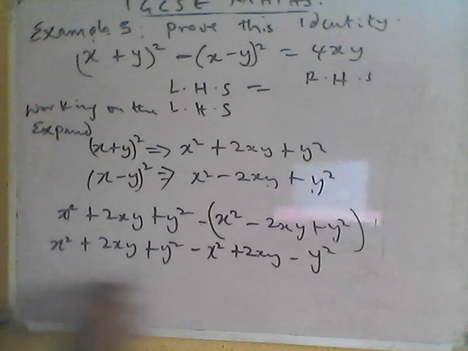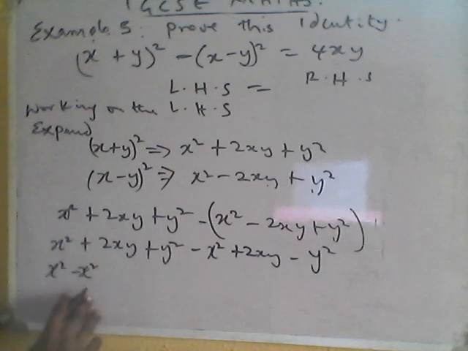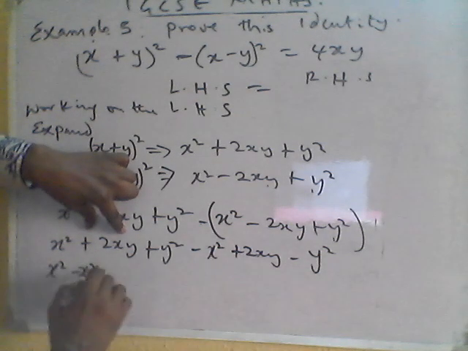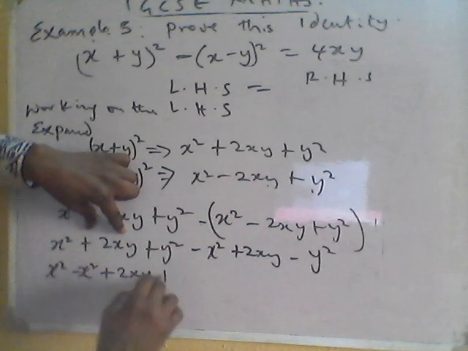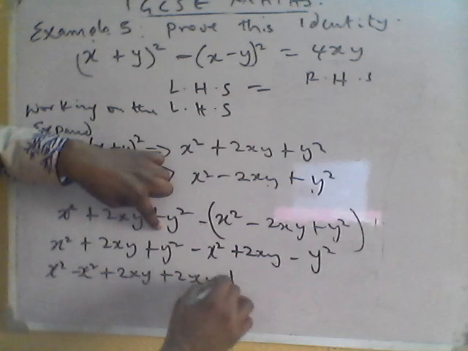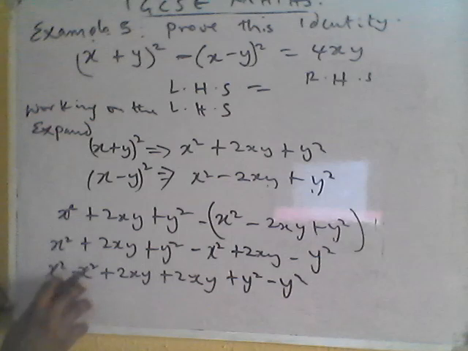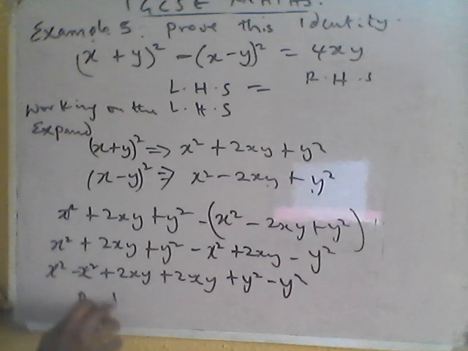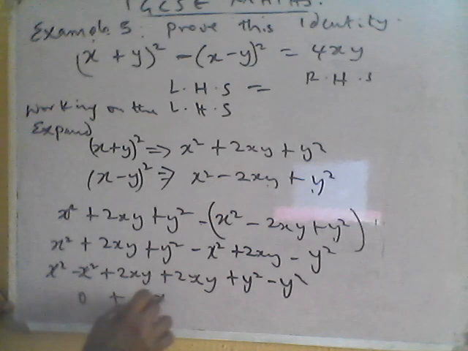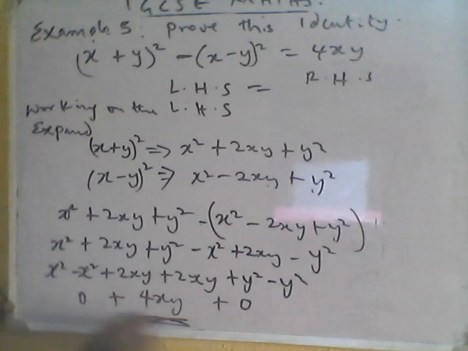So this and this are like, so I will say x squared minus x squared. Then this one and this one are like, I will say plus 2xy plus 2xy. Then this one and this one are like, I will say plus y squared minus y squared. So x squared minus x squared is 0, plus 2xy plus 2xy is 4xy, plus y squared minus y squared is 0. So I'm left with this.